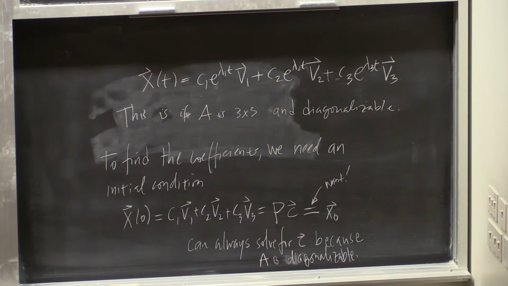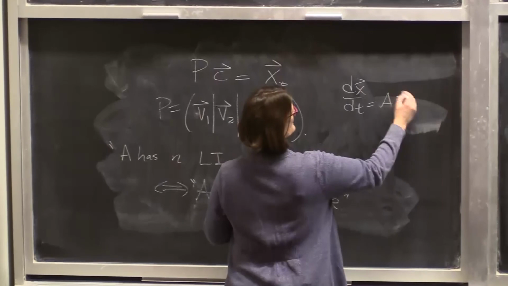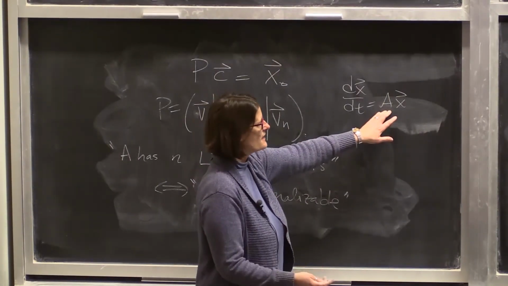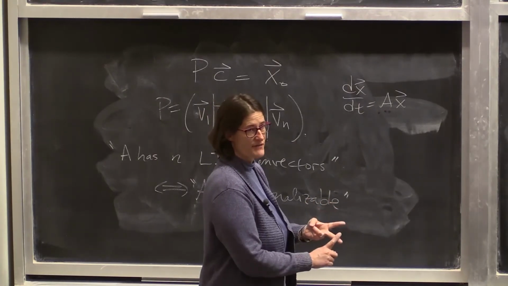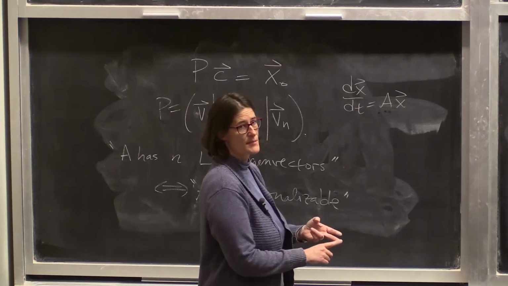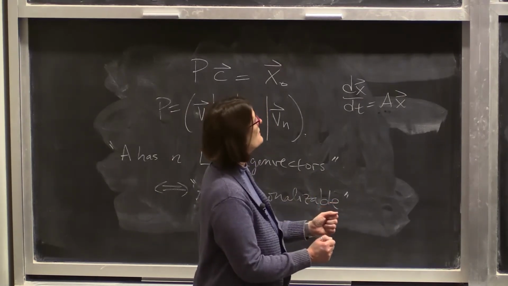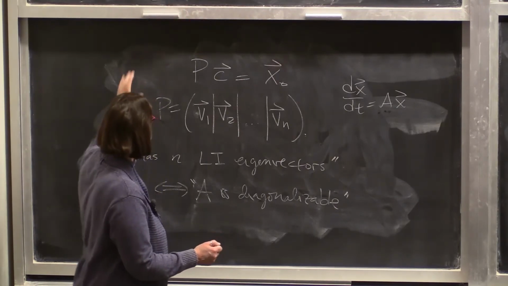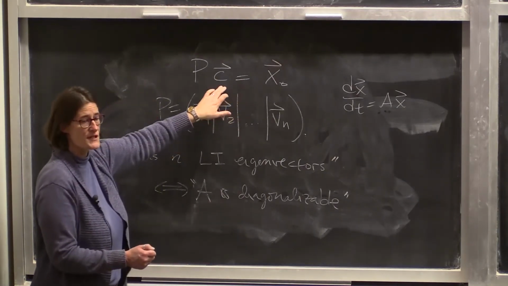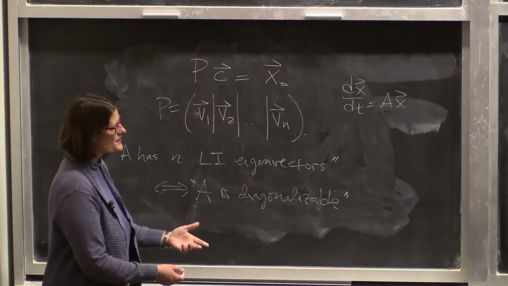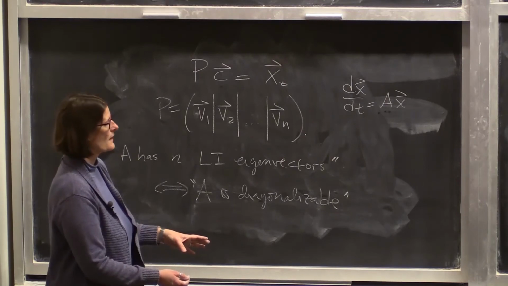That boils down to you have dx dt equals Ax for some specific matrix A. So you have the specific matrix A, you find its eigenvalues, you find its eigenvectors. If you get n linearly independent eigenvectors, you're happy, because that allows you to write down the general solution. It allows you to solve for the coefficients, and it allows you to then plot the solution, think about the solution, do all sorts of cool things.